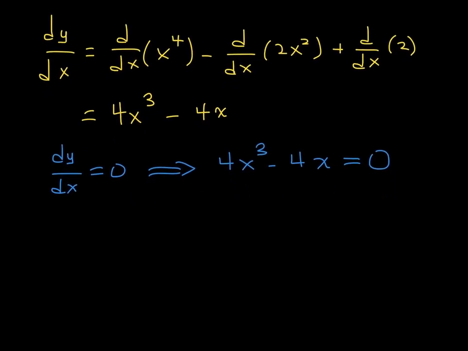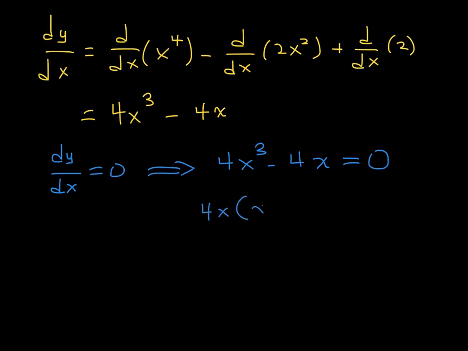All right, so then let's solve for x. What can we do? We can factor out 4x, leaving us with x squared minus 1. Oh, this is really good. So then we can just set each factor equal to 0. So 4x is 0, or x squared minus 1 is 0.